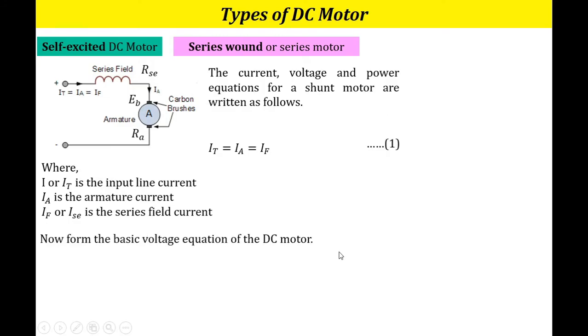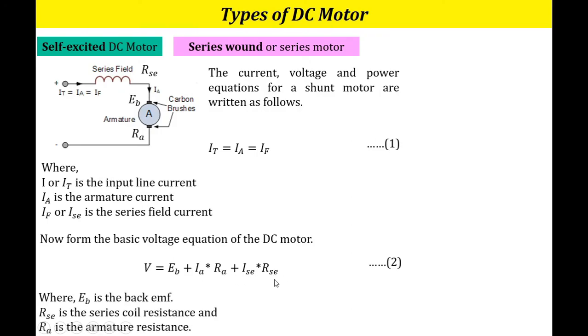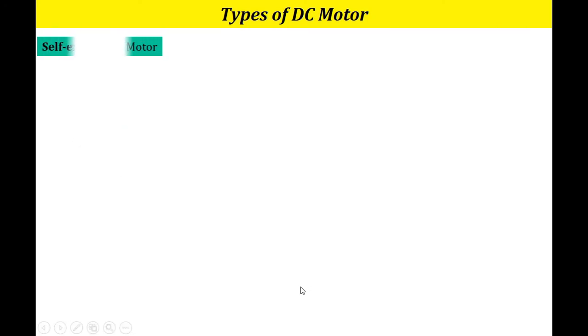The basic voltage equation is V equal to EB plus IA into RA plus ISE into RSE, where EB is the back EMF, RSE is the resistance of the series connected field winding, and RA is the resistance of the armature winding.